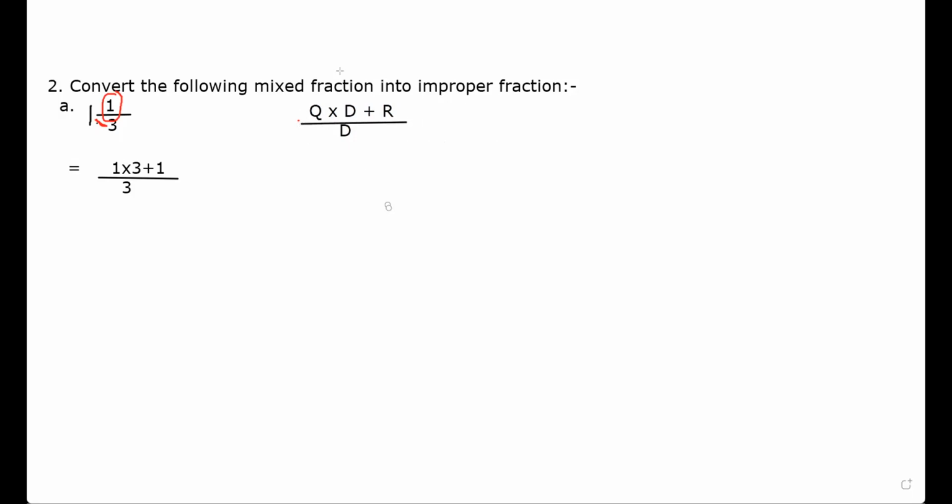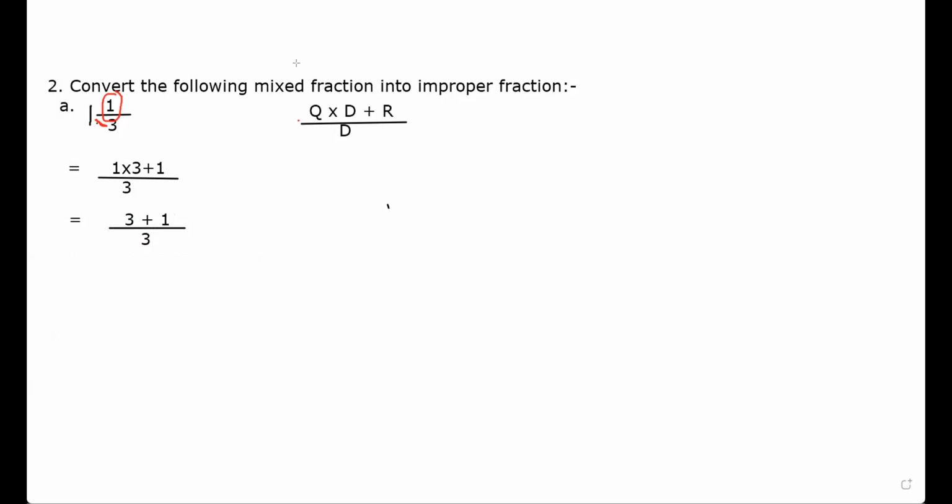Now, you have to convert 1 into 3 will become 3 plus 1 upon 3. You can see what you have to do now. This will become 3 upon 3.